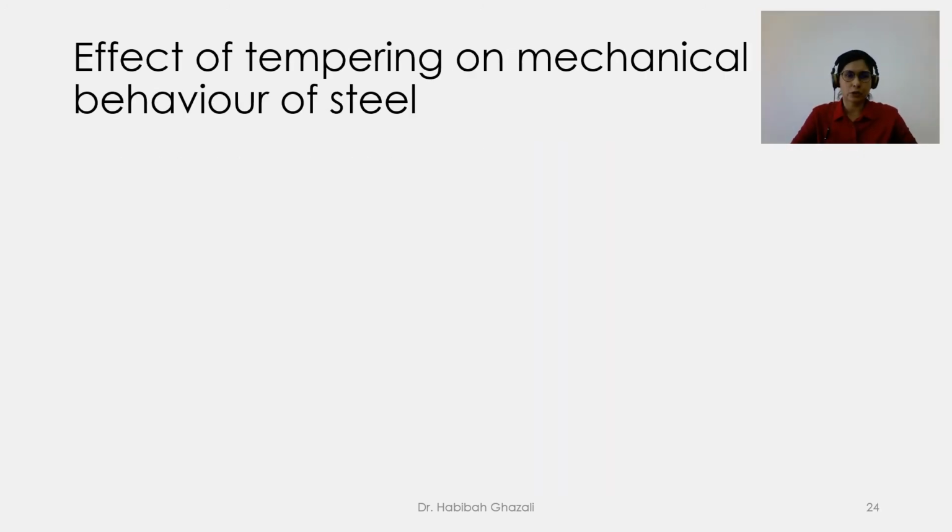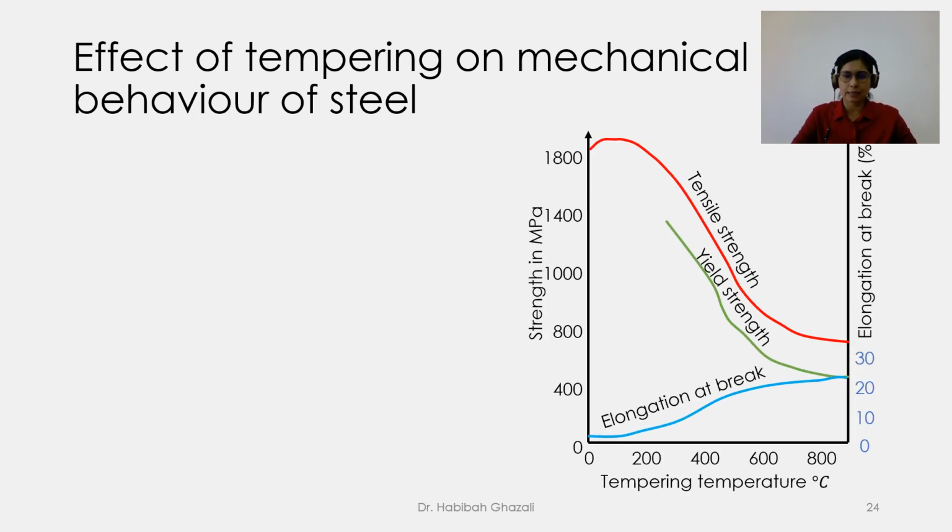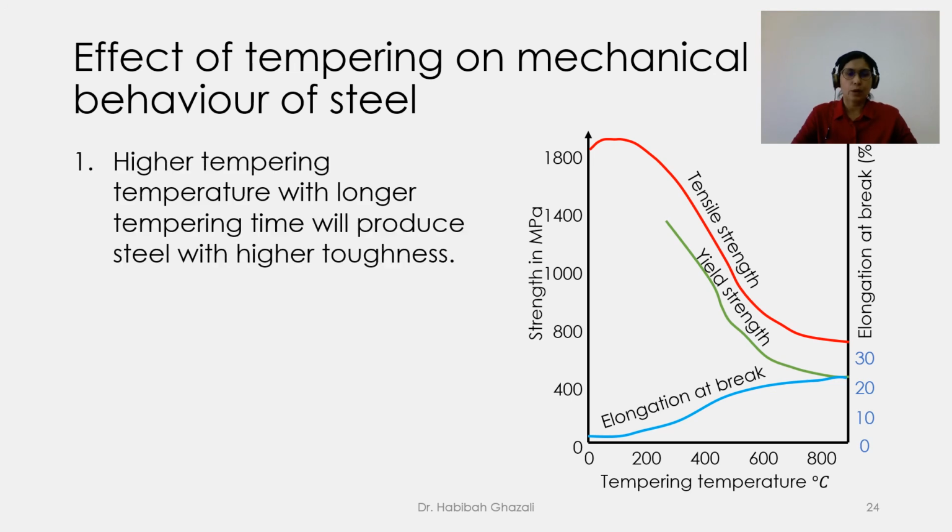Tempering temperature can affect the mechanical behavior of steel. If you look at this chart here, a higher tempering temperature and longer tempering time will produce steel with higher toughness. A lot more martensite will transform into cementite and also perlite.